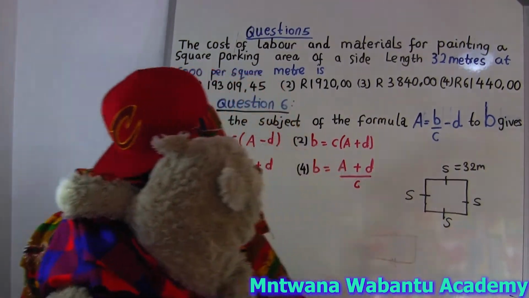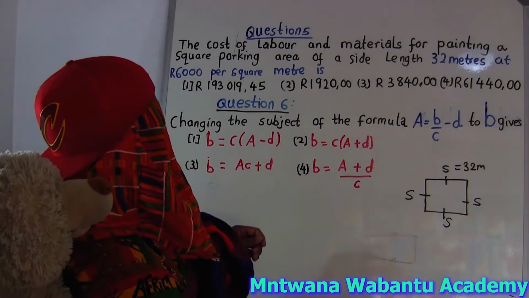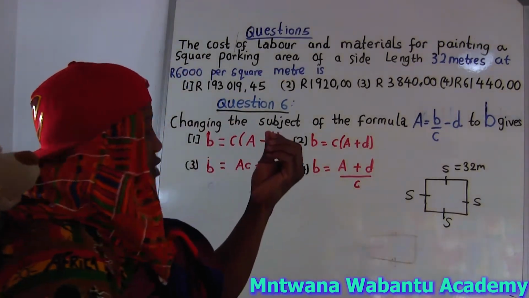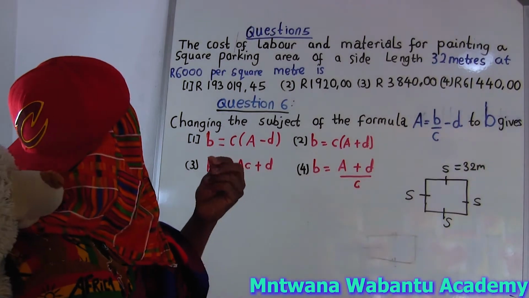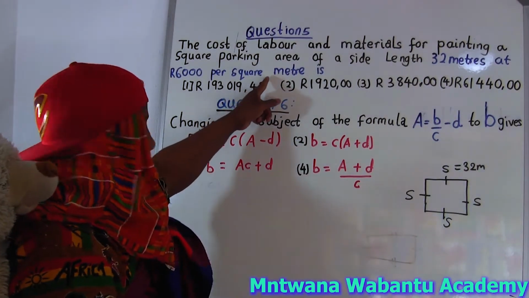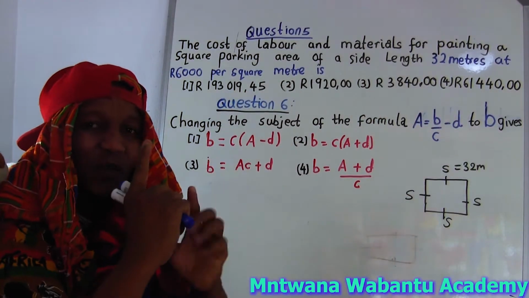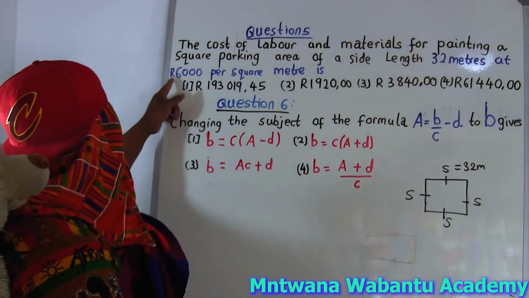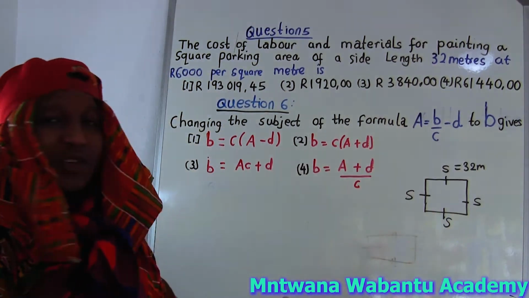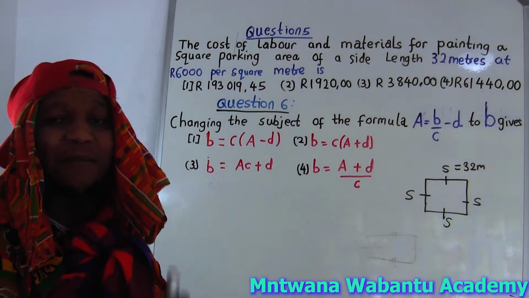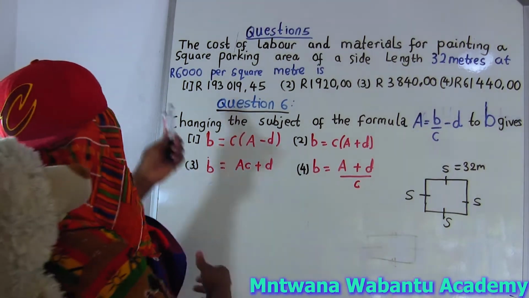Now let's go. They say if you want to paint, per meter square, meaning for only one square meter, how much does it cost? 6,000 rand. It could be dollars, pounds, or shillings. It depends on the money you use in your country, but for now it's South African.